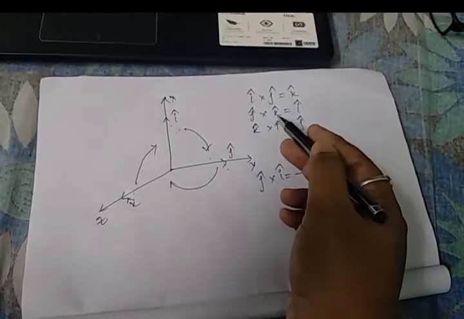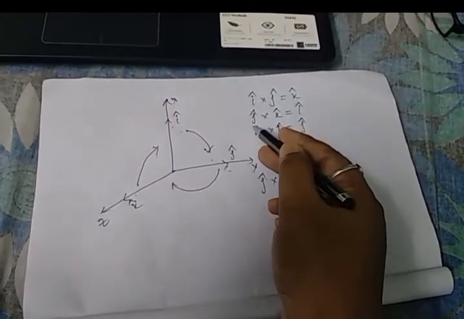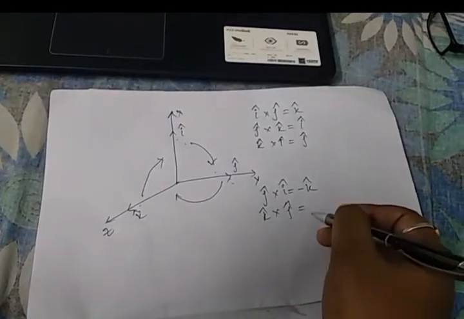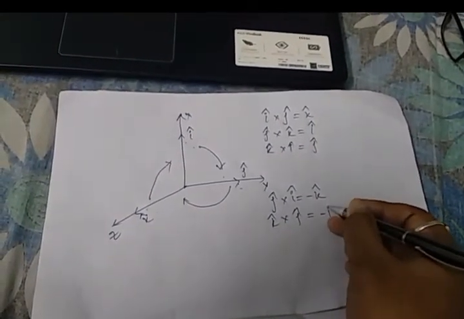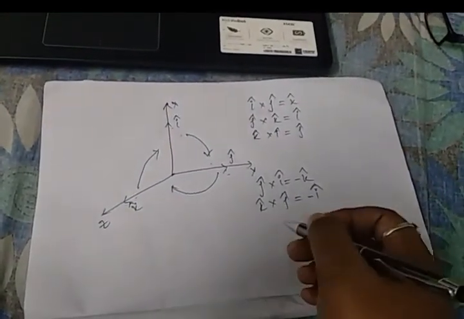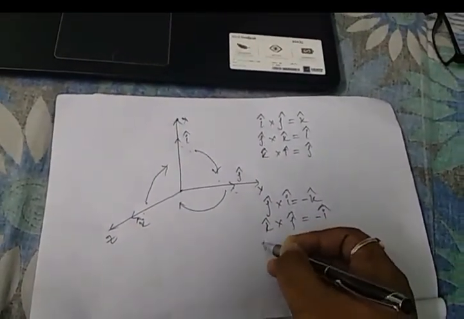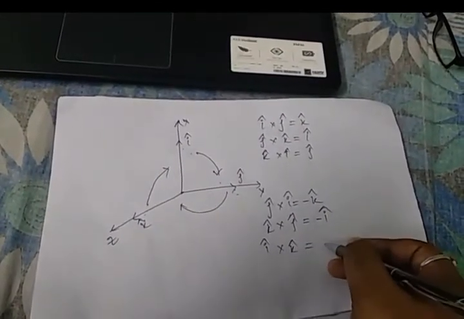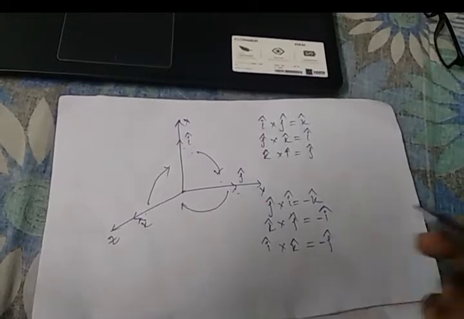Next, k cap cross j cap is equal to minus i cap. The direction gets reversed. And for the last part, i cap cross k cap is equal to minus j cap.